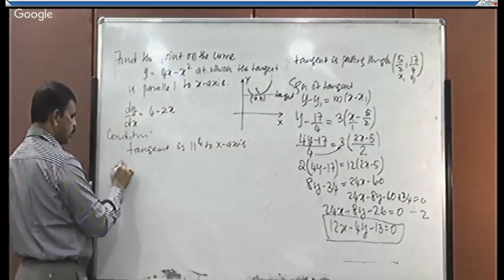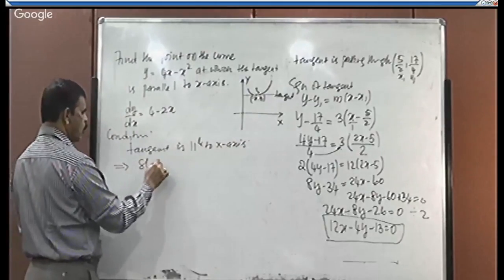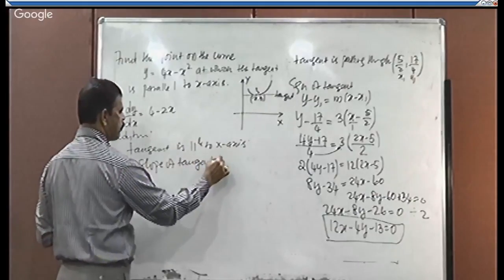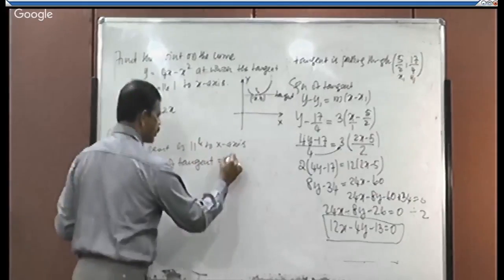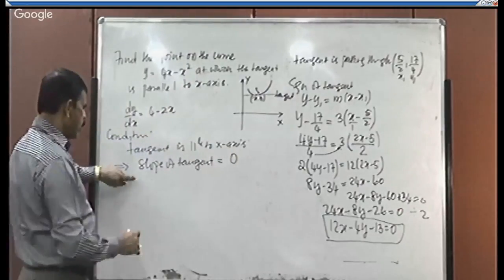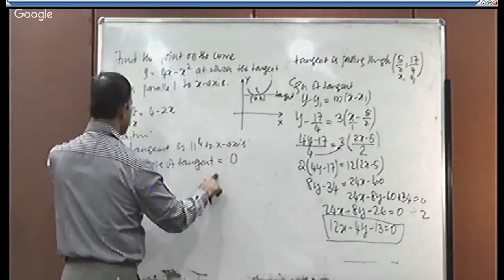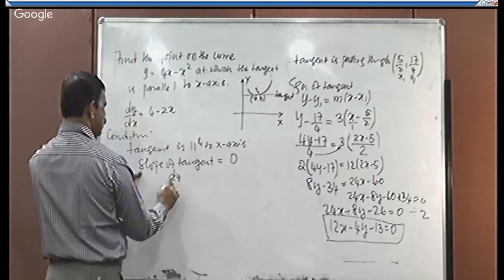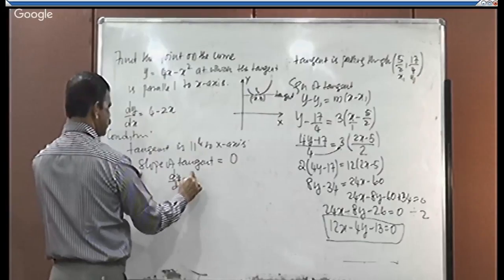It means what? The slope of tangent, when it is parallel to the x-axis, is equal to 0. Right? So what is the slope of tangent? It is dy by dx. Dy by dx is equal to 0.